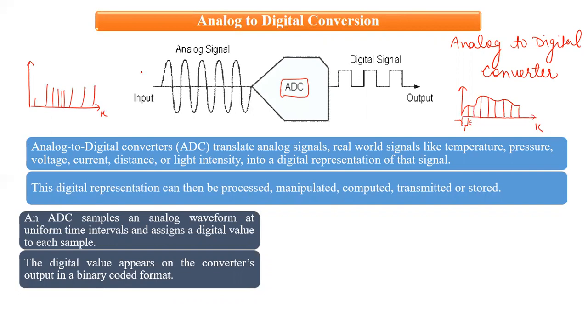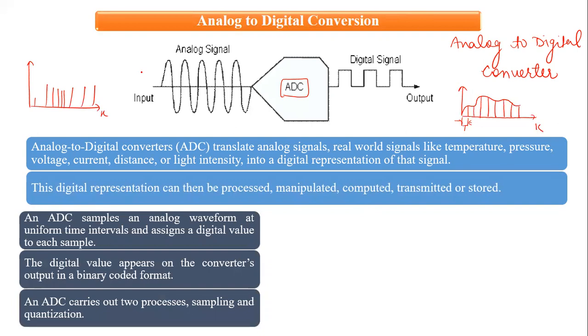like this. Now, when the A to D converter converts the analog signal into a digital signal, it not only gives you a discrete output, but also a binary representation of that analog signal, or those samples basically, right? So an A to D converter does two processes. One is known as sampling and the second is known as quantization.